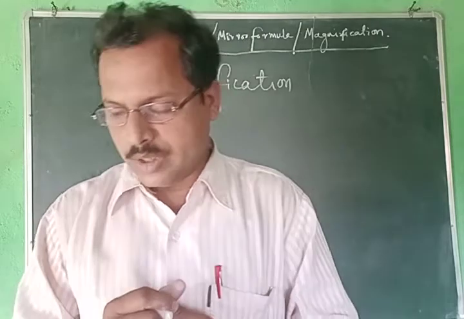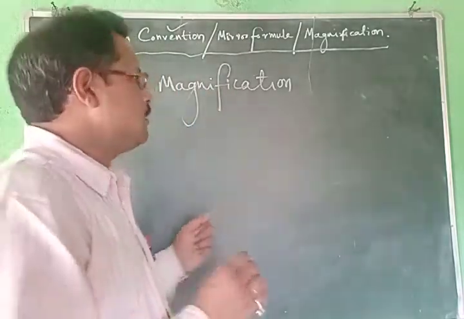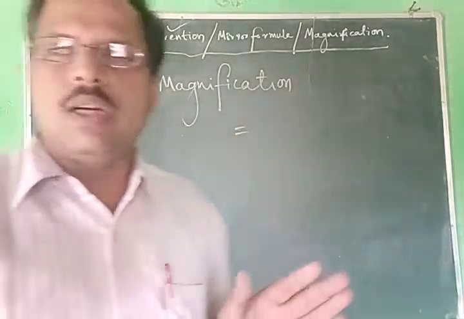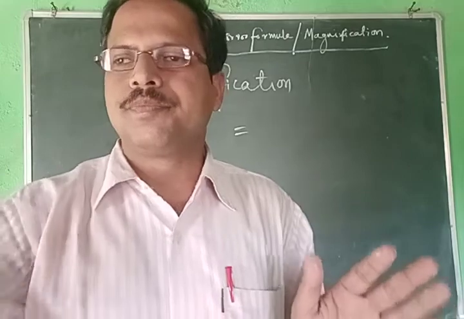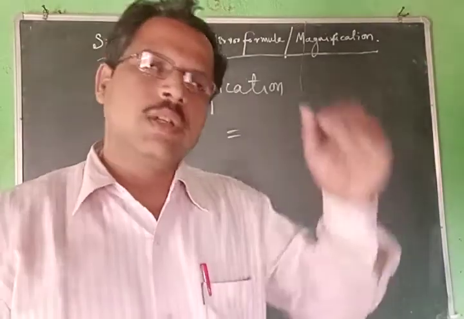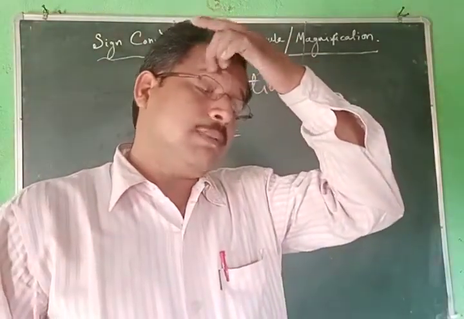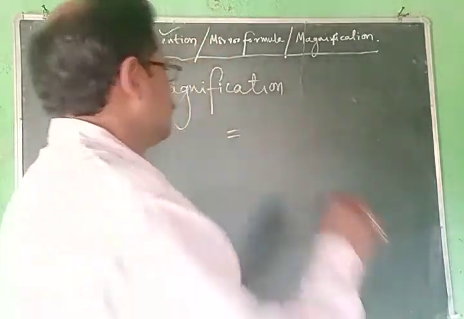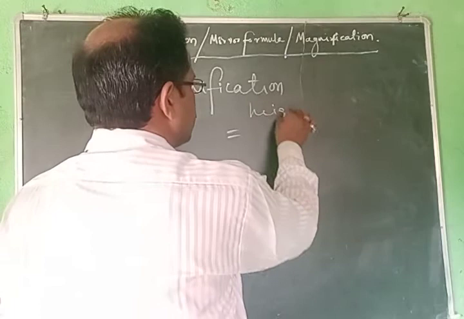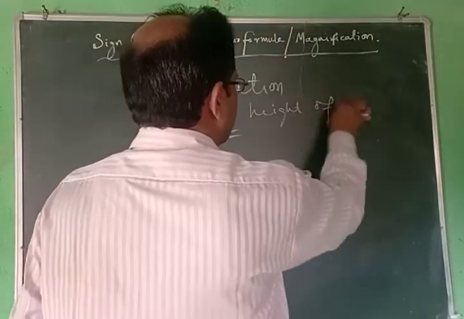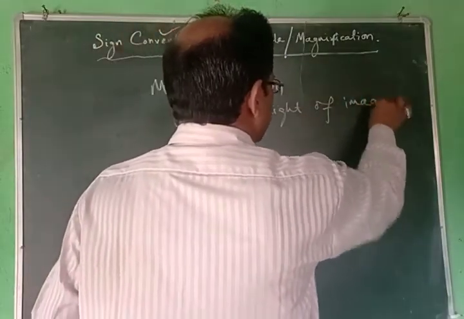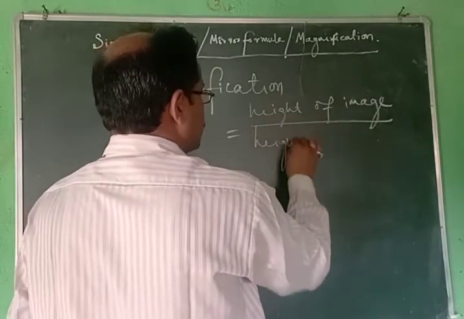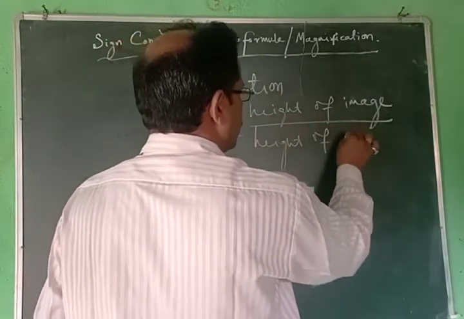So what should be the formula? Magnification is a ratio of height of image to height of object.